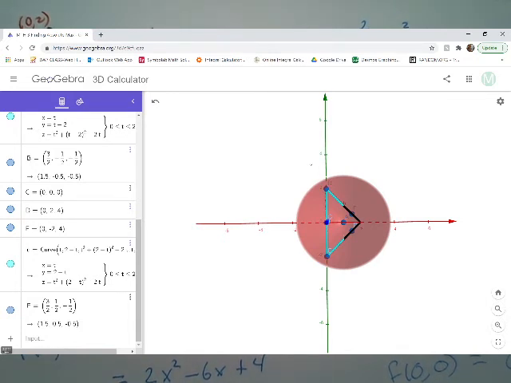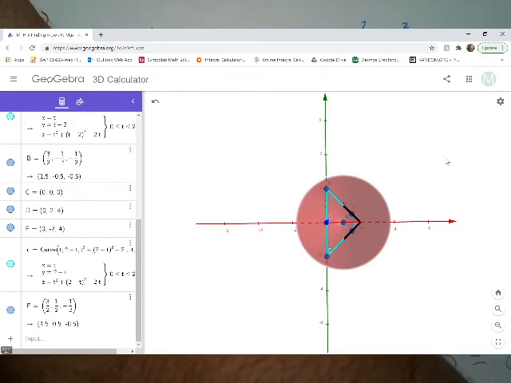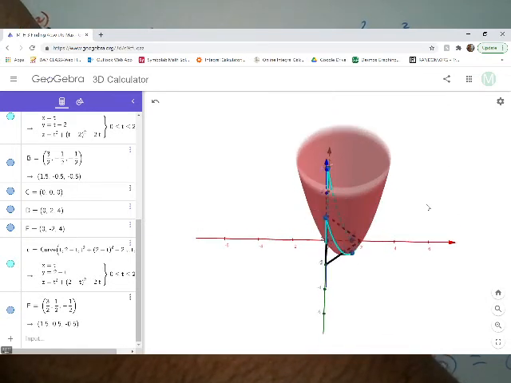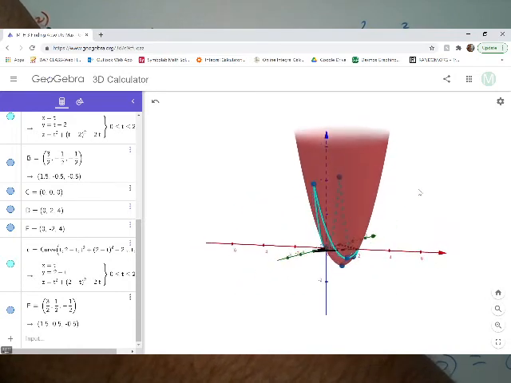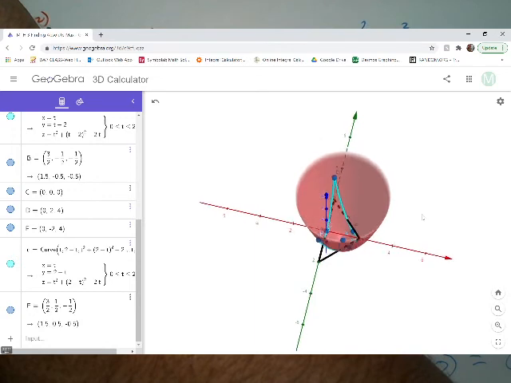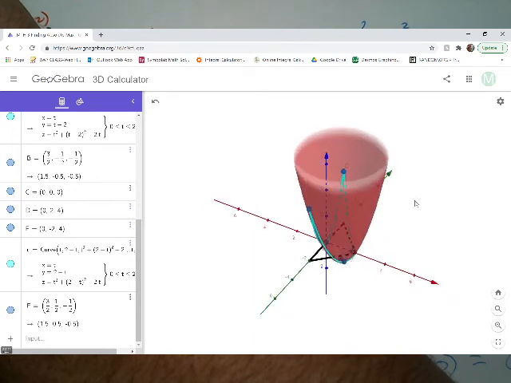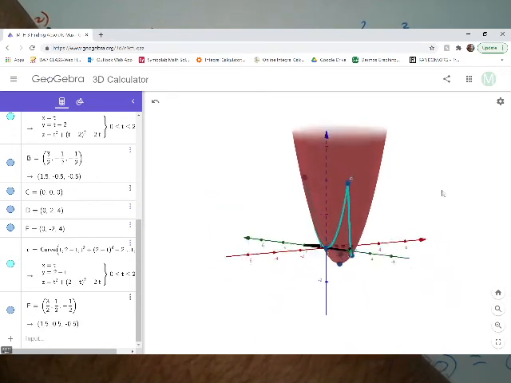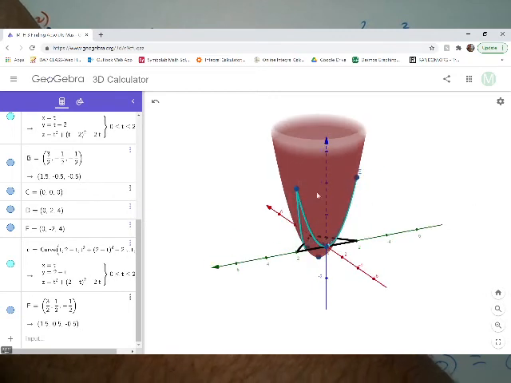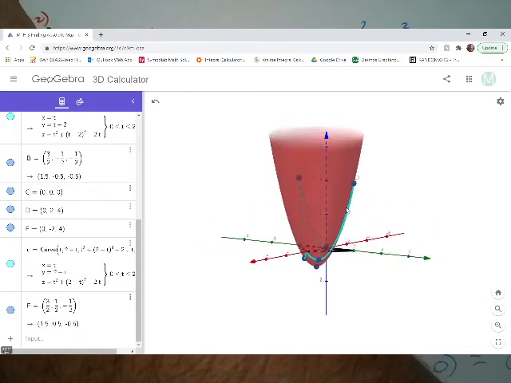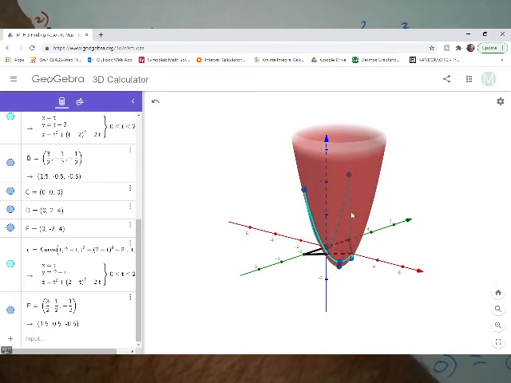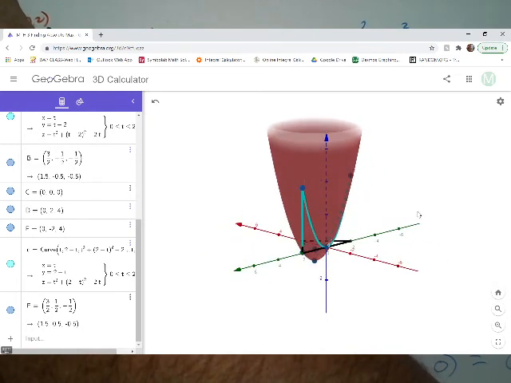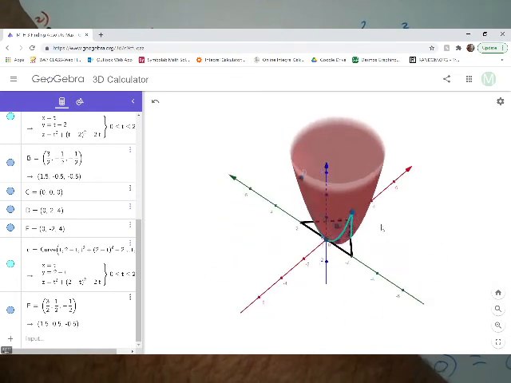If I move it here, you could see the boundary on the XY plane, and then all along the boundary, on this paraboloid, those lines going along the surface are the values of the multivariable function f of x, y.